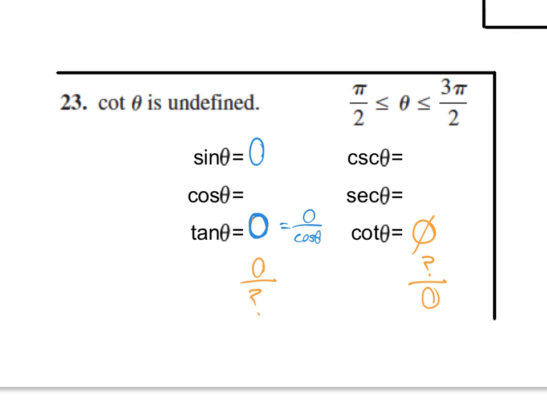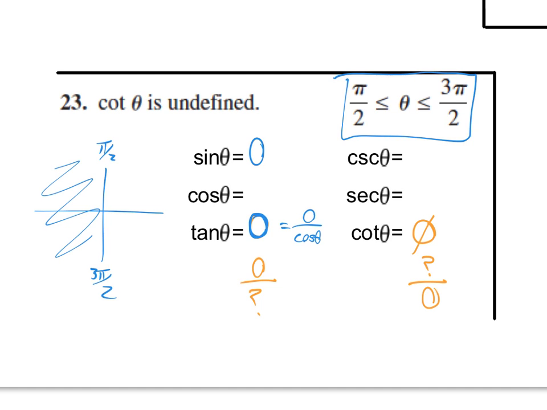Now, this is where you have to use your unit circle a bit. Notice the angle that we were given. We're in which 2 quadrants? Second and third, pi over 2 to 3 pi over 2. Where does sine equal 0?